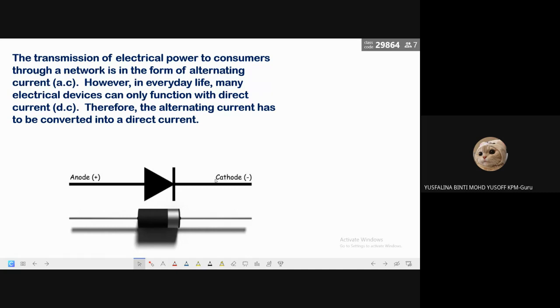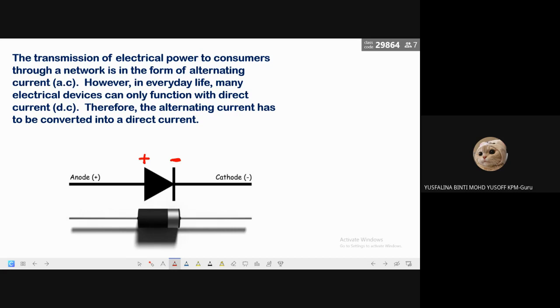Let's say there are four diodes. You need to put the four diodes there. For one diode, you need to know positive and negative, because with forward bias the current can flow, and with reverse bias the current cannot flow.